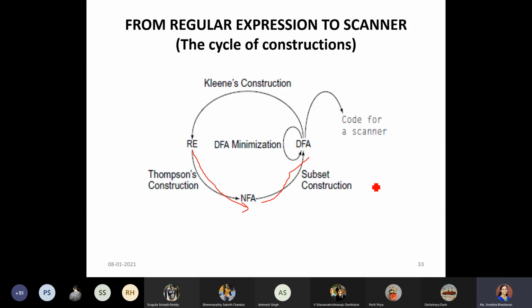Similarly, if you are given a DFA, by using Kleene's construction, we can generate regular expressions. Right now, according to our context, we will be discussing only till this portion. Next week we will discuss the code section, how a given DFA is converted to the coding part.